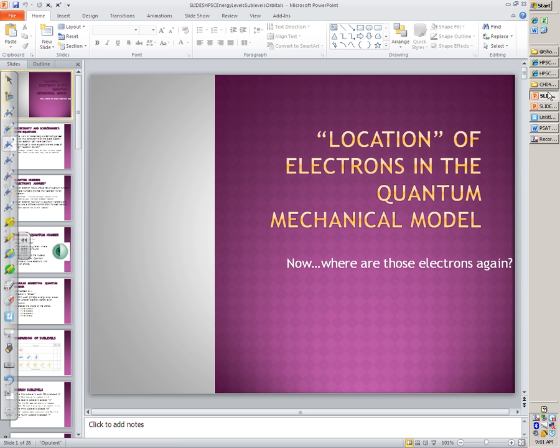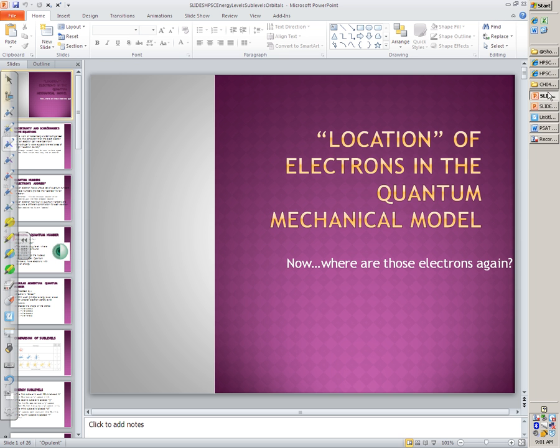Okay? We gave those areas of high probability a name in general. What did we call those areas of high probability? Main energy level? Principal quantum number? Not exact. That's part of it, but not that one. Electron clouds?